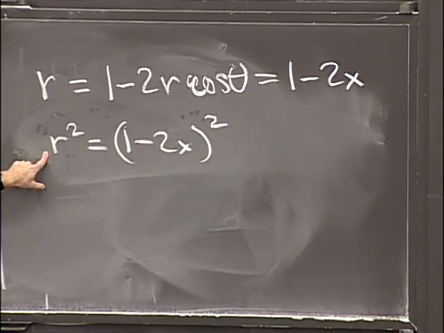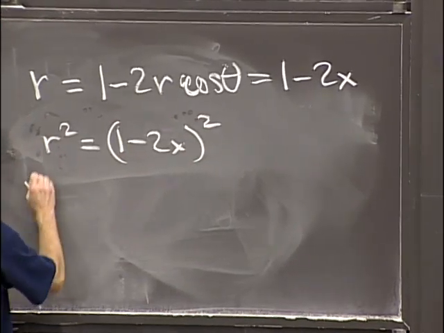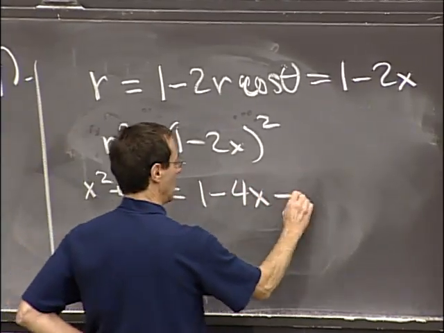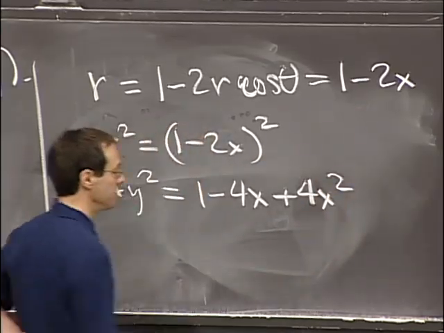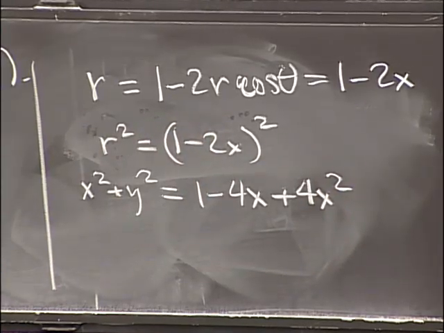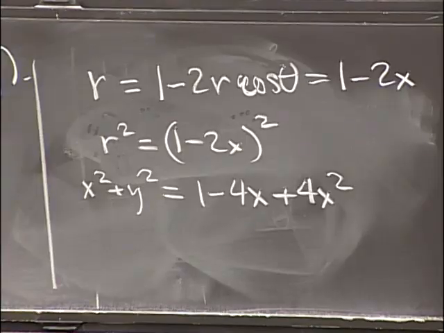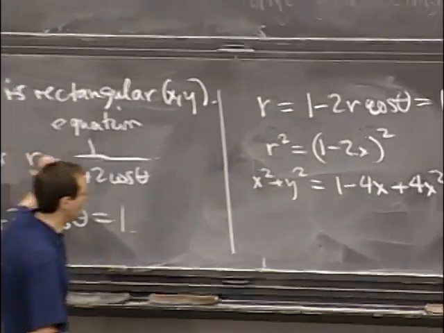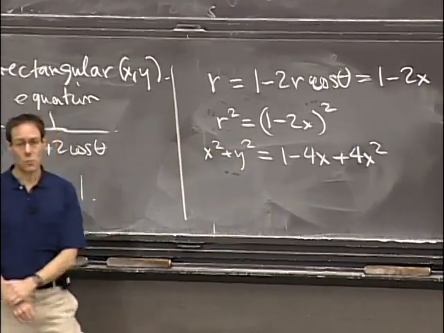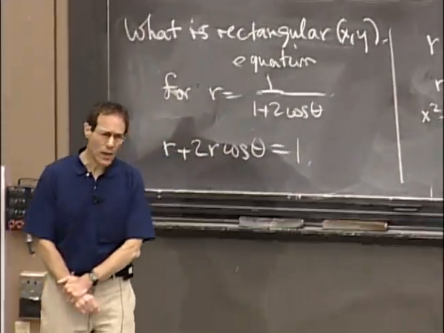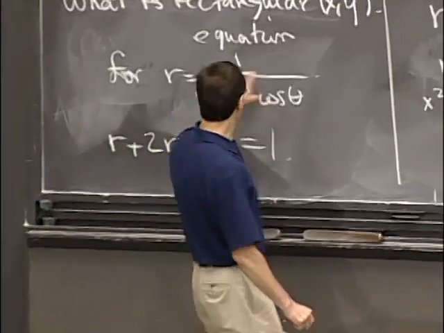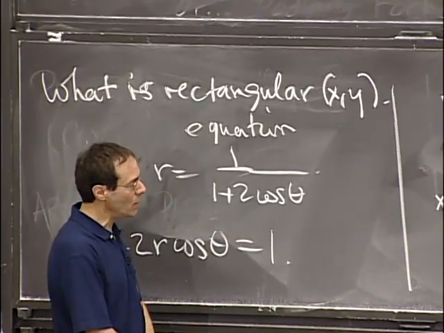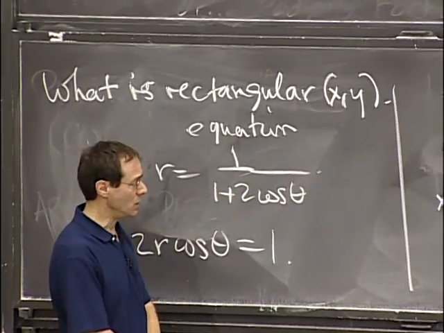And now with an r squared, I can plug in x squared plus y squared. So this is a standard thing to do. And it's basically what you're going to do any time you're faced with an equation like this, is try to work it out. And in these situations, where you have 1 over a plus b cosine theta or sine theta, you'll always come out with some quadratic expression like this.